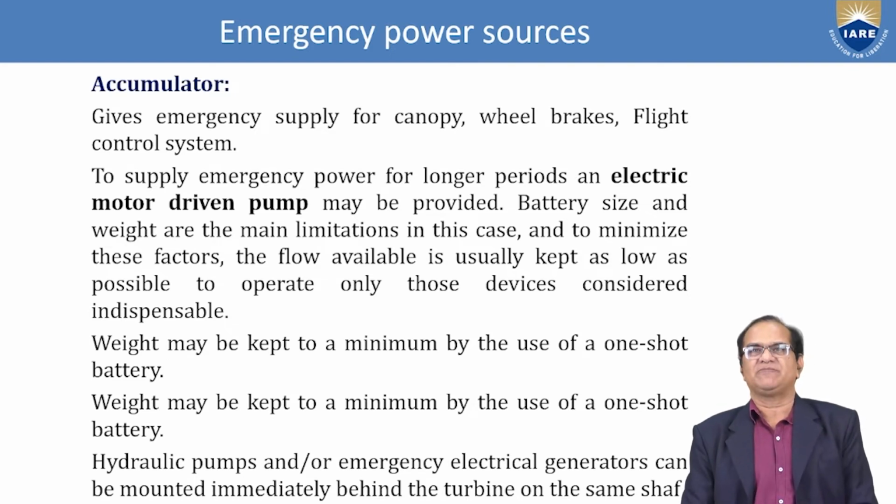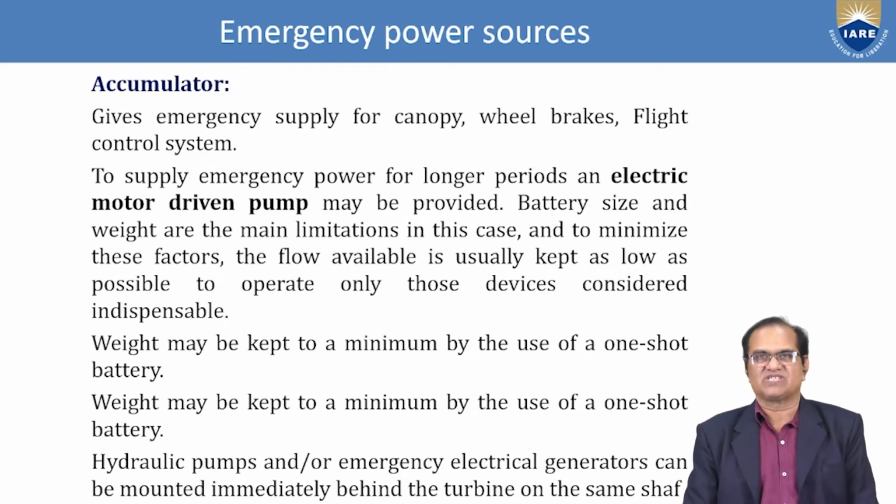To supply emergency power for a longer period, an electric motor driven pump may be provided. Battery size and weight are the main limitation in this case, and to minimize these factors, the flow available is usually kept as low as possible, to operate only those devices considered indispensable. Only emergency requirements are operated by the accumulators.